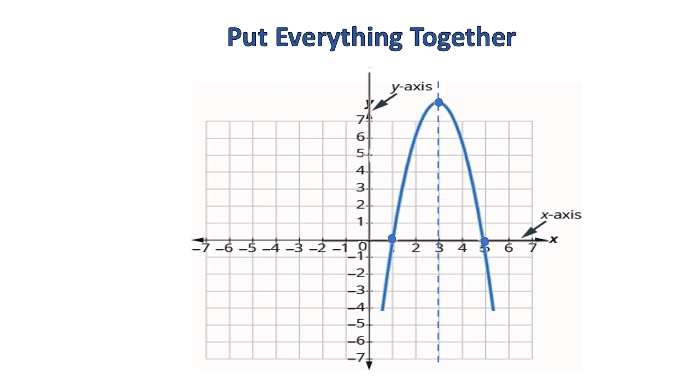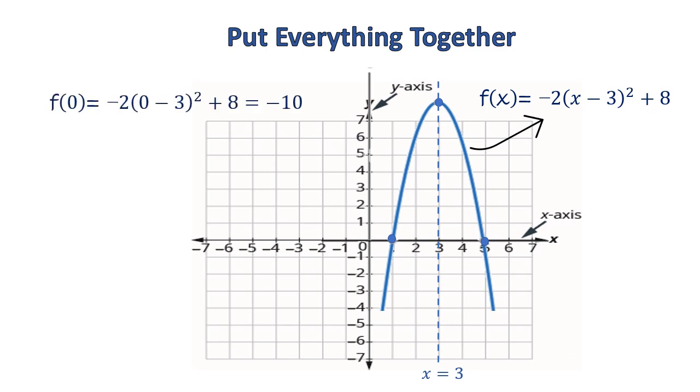Keep in mind, x equals 3 is the axis of symmetry. Also, don't forget that the y-intercept is (0, -10). Now the domain is -infinity to +infinity, and the range is -infinity to 8.